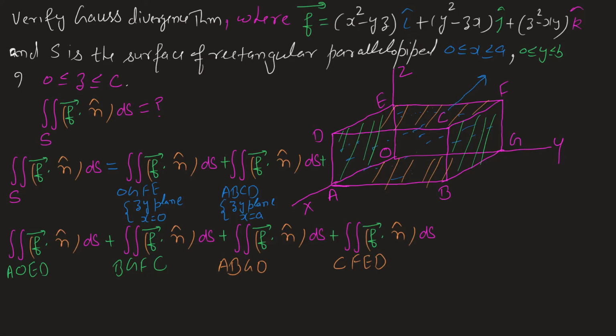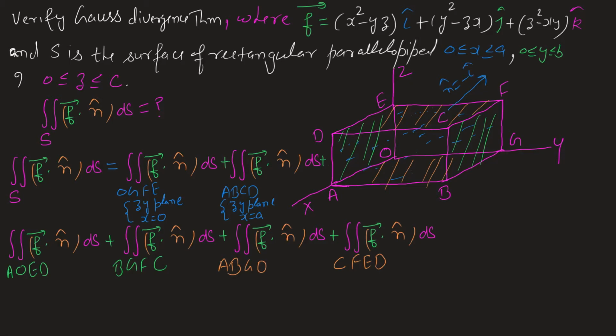We have to take the normal outward to the parallelepiped. So this will be n cap is equal to, and we know this is the positive x-axis and this is in the opposite direction. So instead of i cap, it will be minus i cap.